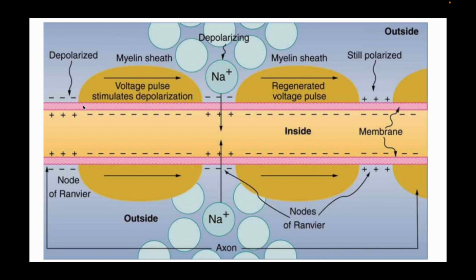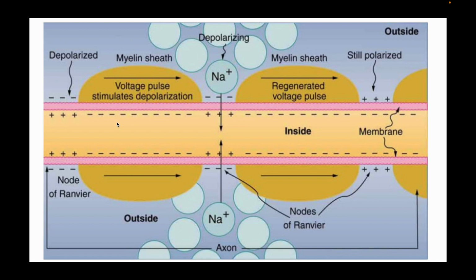So what happens in this phase is there is a conduction of the electricity based on the voltage. Because it is insulated, the electricity passes as we see in our wires. So the current passes over here without any disruption. But then what is the need for having these nodes of Ranvier?